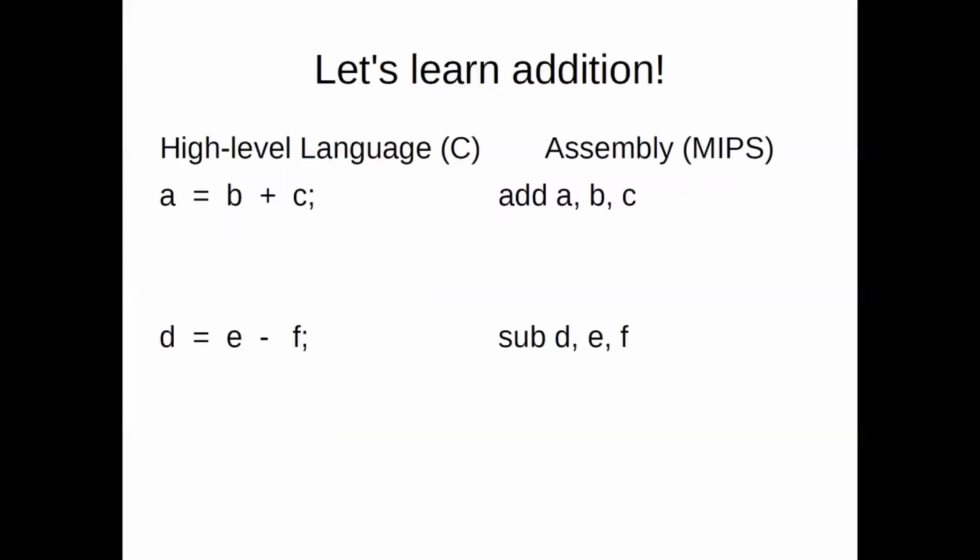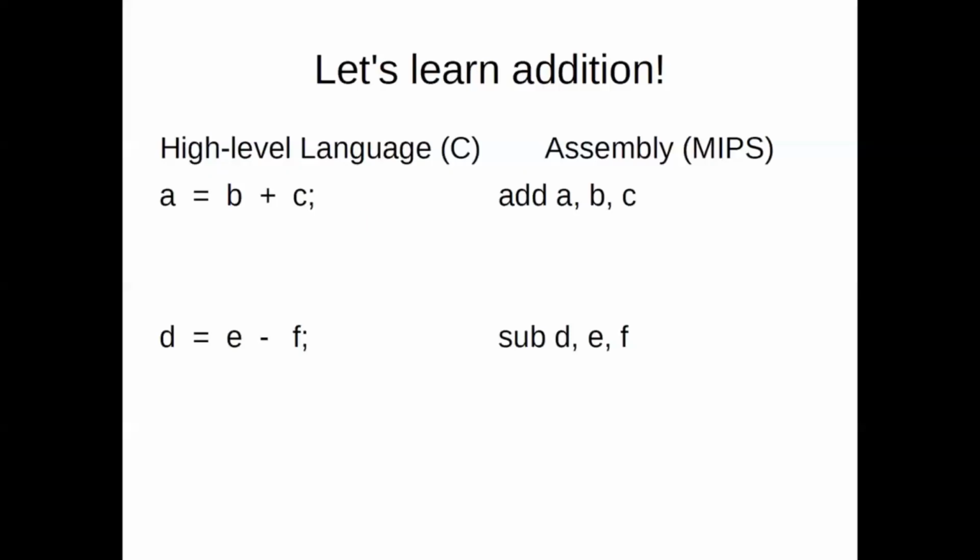So let us begin with addition. In a high-level language such as C, we write addition like this: A equals B plus C. In assembly language, addition looks something like add A, B, C. Or for a subtraction operation, such as D equals E minus F, we'll say sub D, E, F.